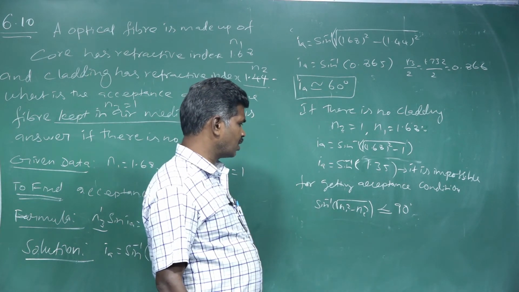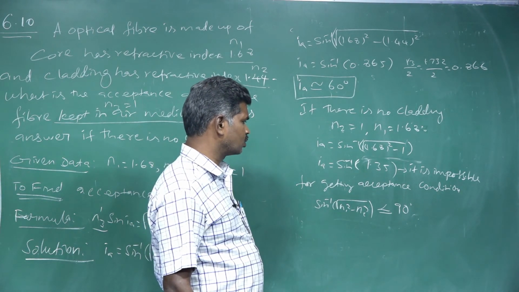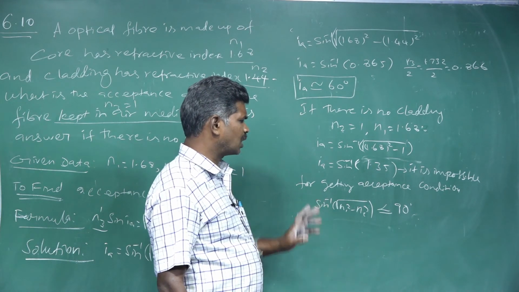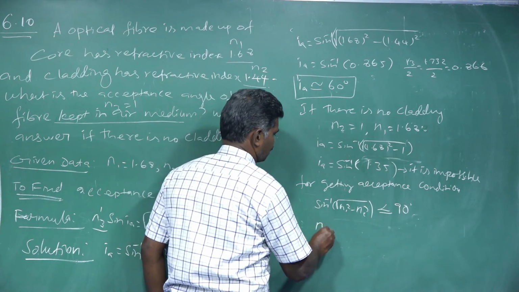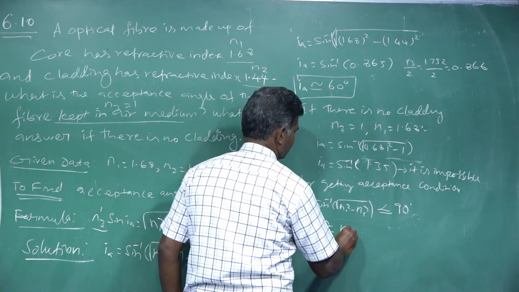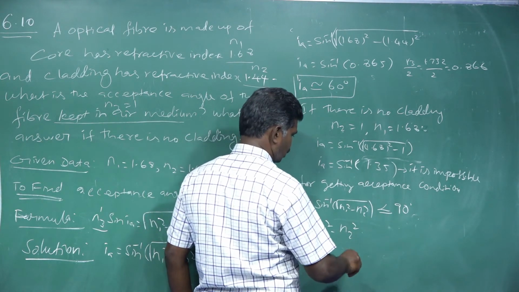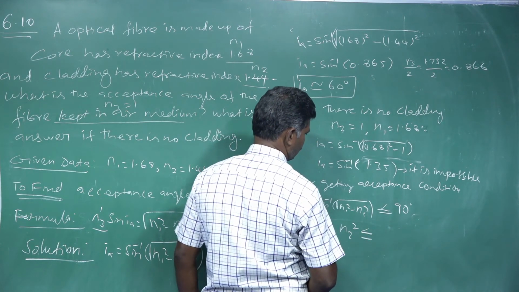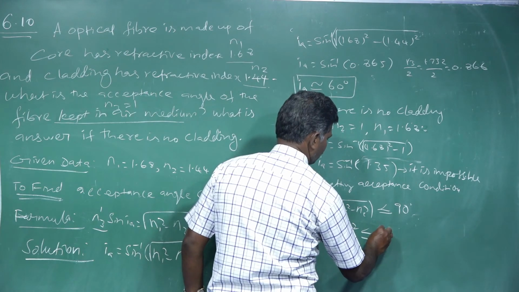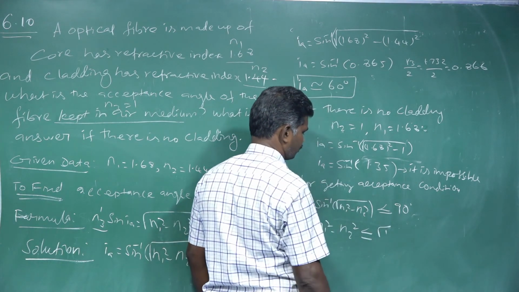If we need sin inverse of square root of n1 square minus n2 square to be less than or equal to 90, then n1 square minus n2 square should be less than or equal to 1.